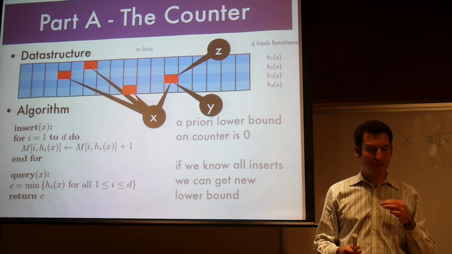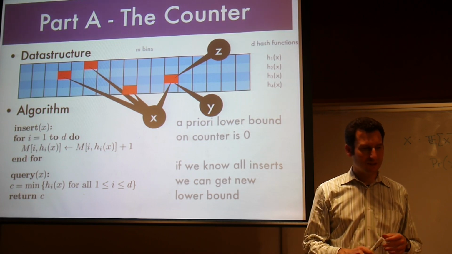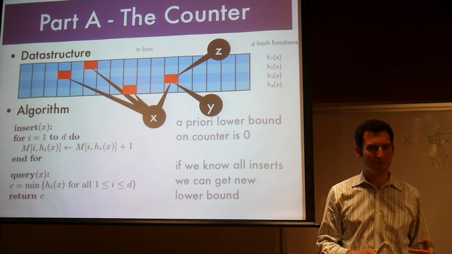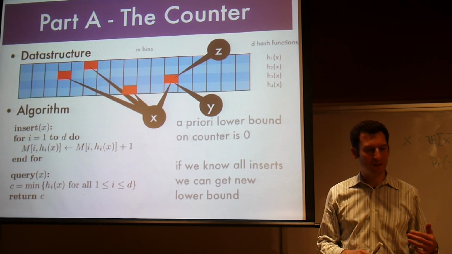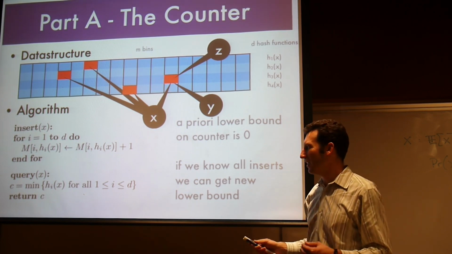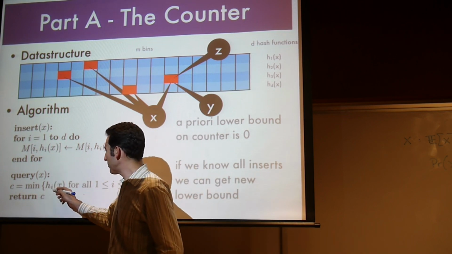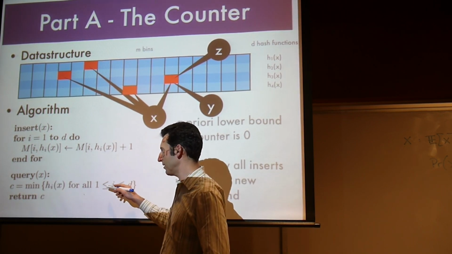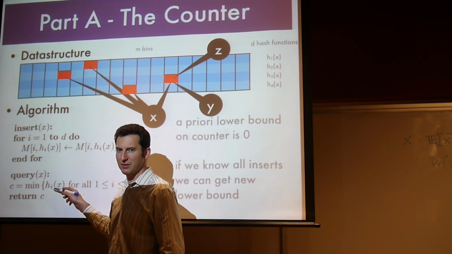Now, what we use in the count min sketch is that a priori, we have this lower bound on a count of being 0. We didn't have a tighter lower bound, so the only thing that I could do is take the minimum over all those bins and say, this is going to be an upper bound on the number of counts.